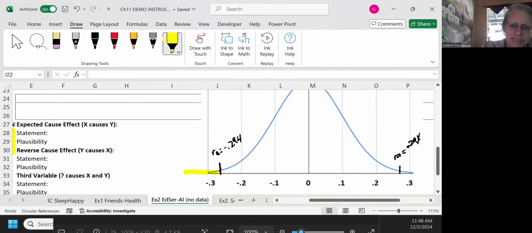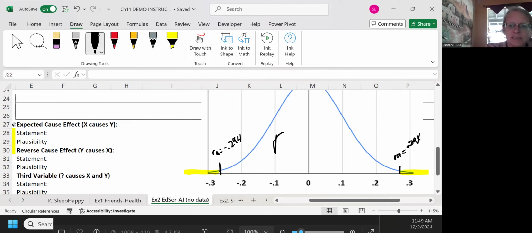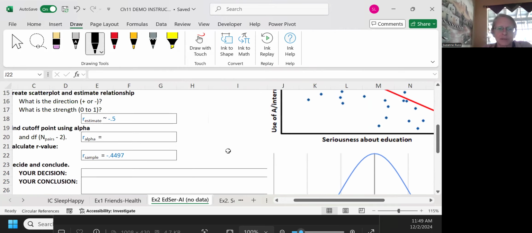So any scores that are lower than minus 0.294 or higher than plus 0.294 are going to lead us to reject the null. Of course, as always, our fail region is in here, and we don't reject the null if it's in there. So let's go ahead and finish out this problem.